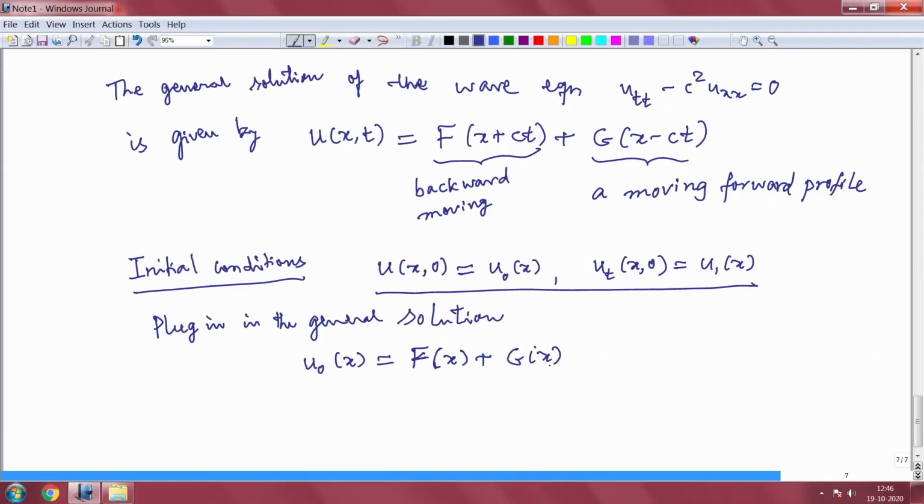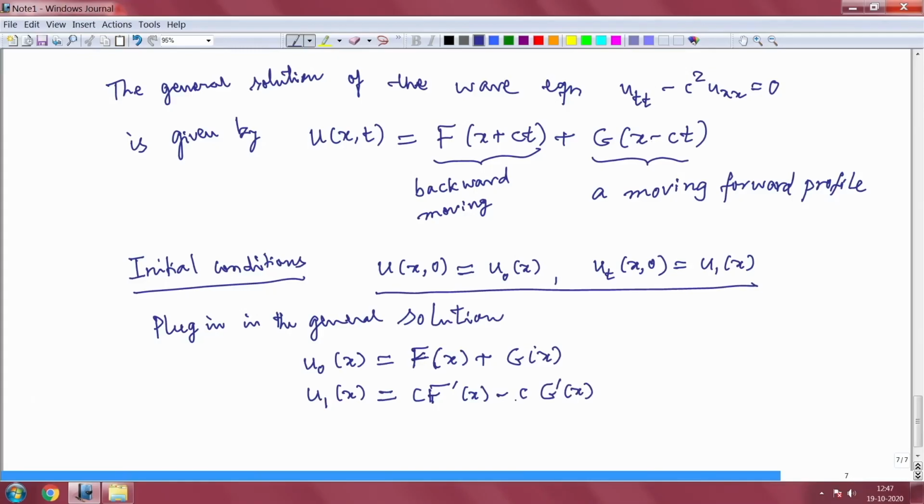and now you take time derivative of the general solution and again put t equal to 0. So, left hand side you get u_1(x), and when I differentiate with respect to time there, I get c f prime x minus c g prime x, because there is minus c there.